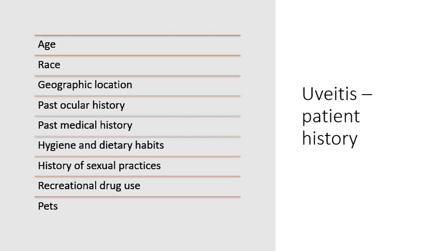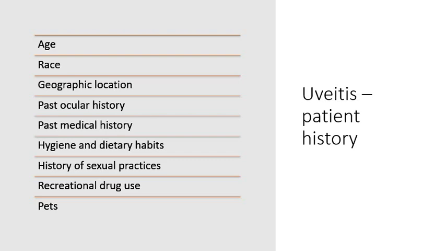Infectious uveitis can be endemic in some locations. For example, uveitis caused by Lyme disease, and therefore geographic location and where the patient spends or has spent a lot of time could be important. Holiday destinations and so on are important.